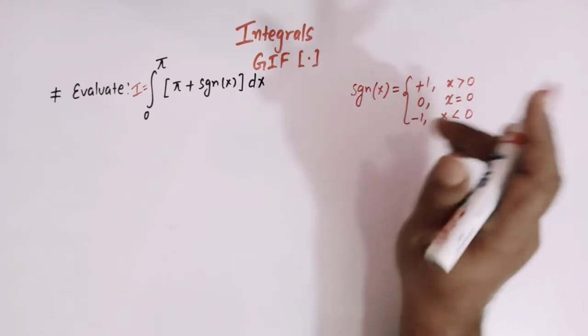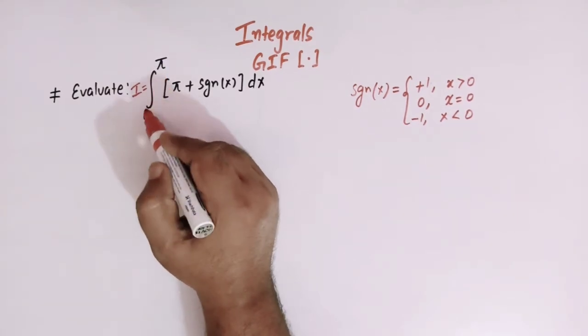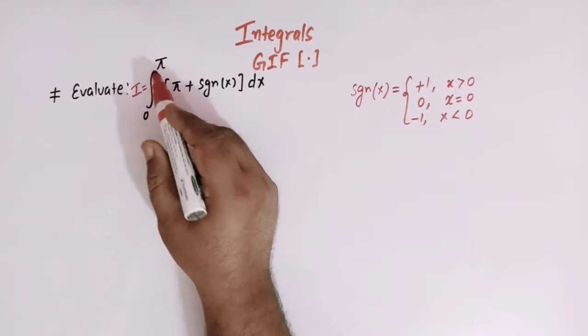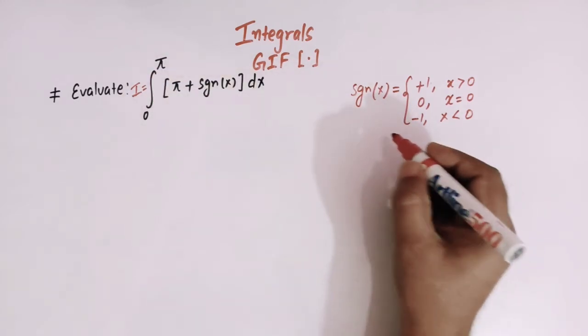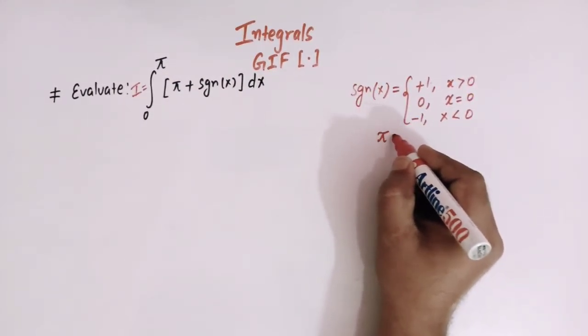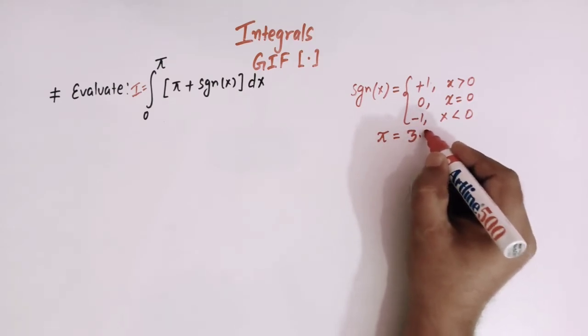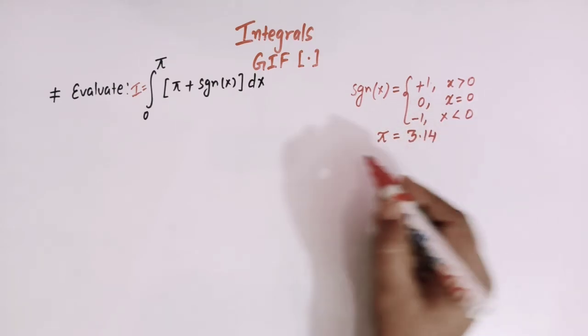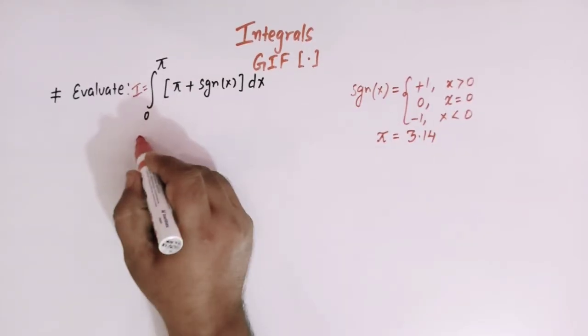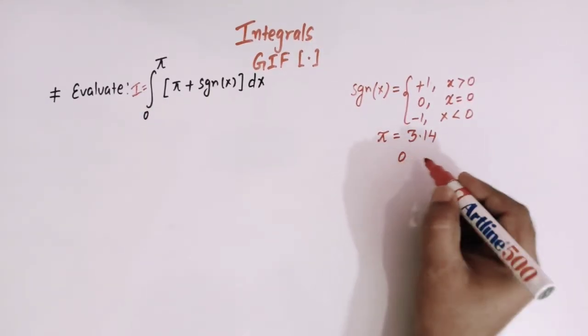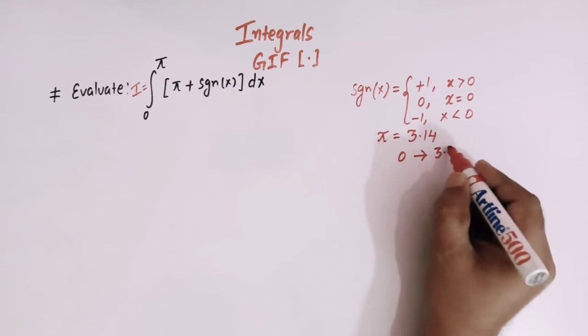Now the limits of integration are from 0 to pi, and the approximate value of pi is 3.14. So we have to integrate from 0 to 3.14.